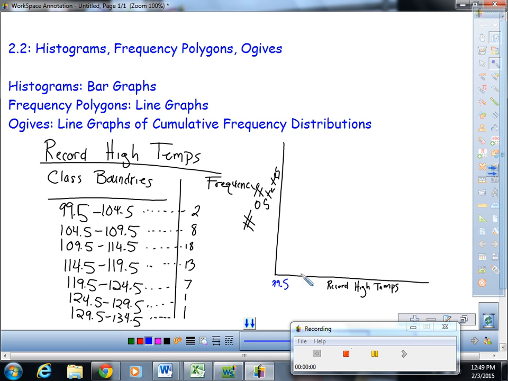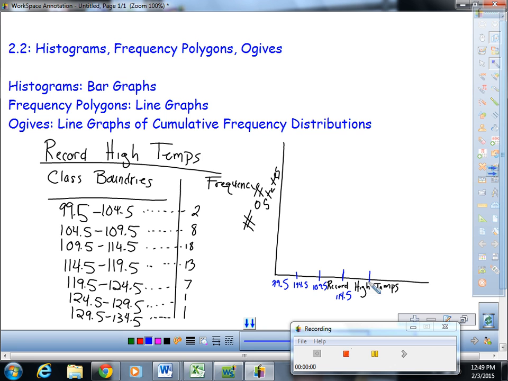All right, so now we've got to have here 99.5, and then here 104.5. So in these bar graphs, 109.5. We have the endpoints. That'll be different when we do our line graphs or our frequency polygon. So 114.5. You'll notice that I'm not expecting yours to be handwrittenly great, because I think that's a waste of time.